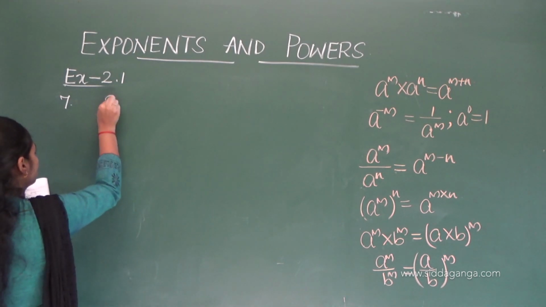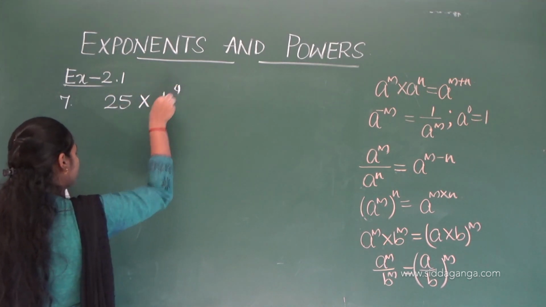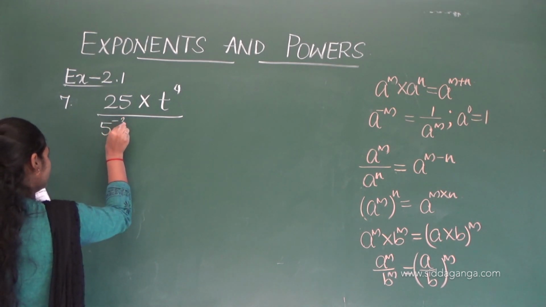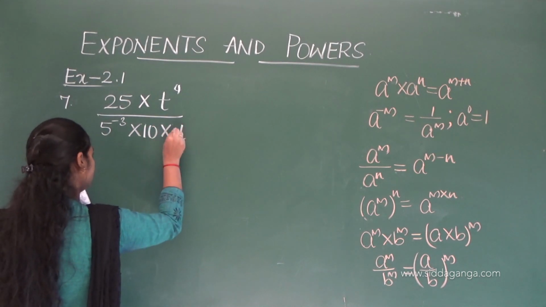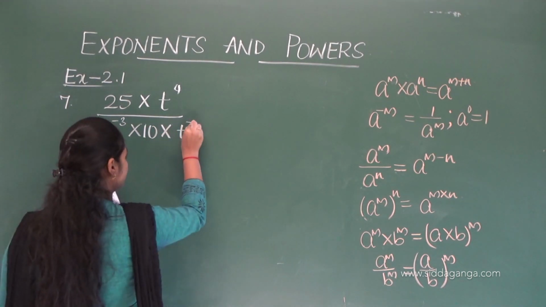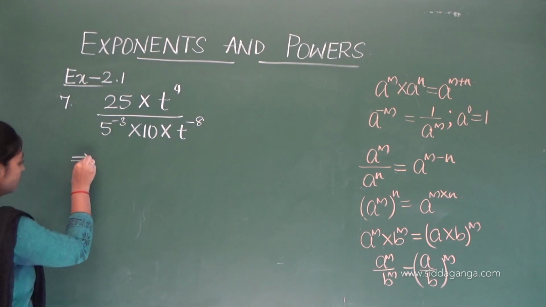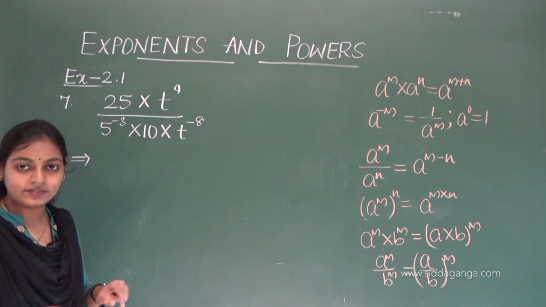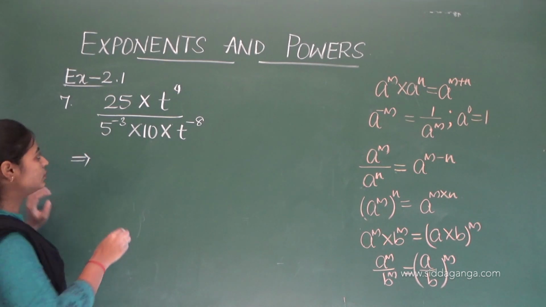Simplify 25 into t to the power of 4 divided by 5 to the power of minus 3 into 10 into t to the power of minus 8. So 25 can be written as 5 into 5, or 5 square is 25. 10 can be written as 5 into 2.